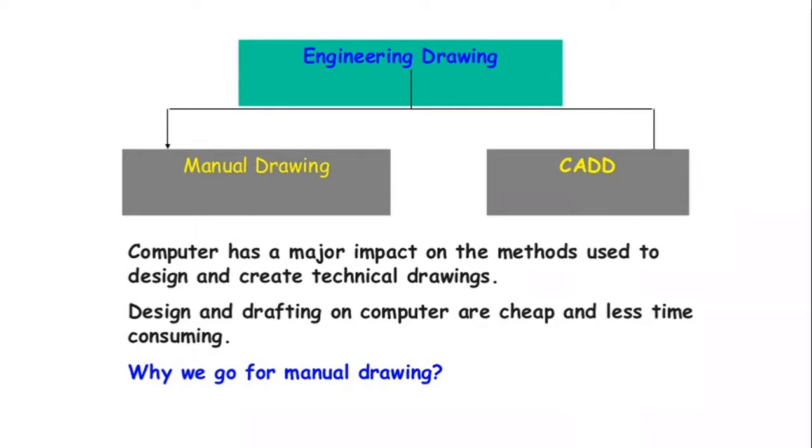Likewise, the basic is manual drawing and computer aided is the advanced thing. First you should know the manual things. That's what you studied in first semester in engineering graphics using drafters and pencils and different types of lines and different types of projections of lines, points and everything.